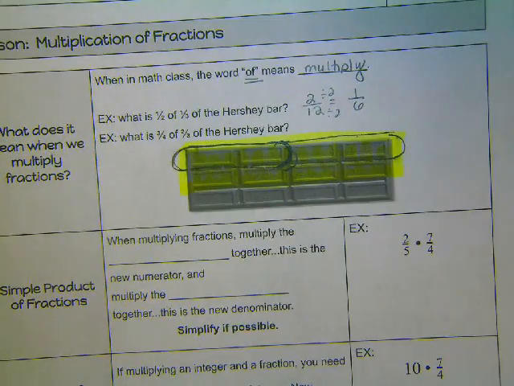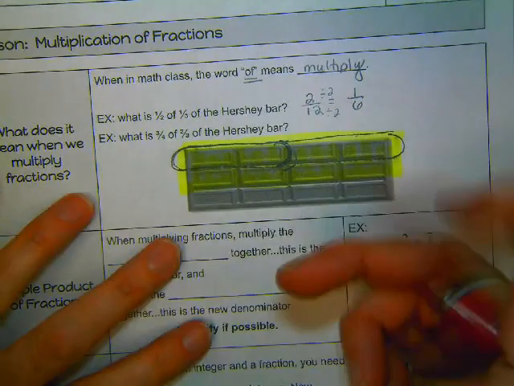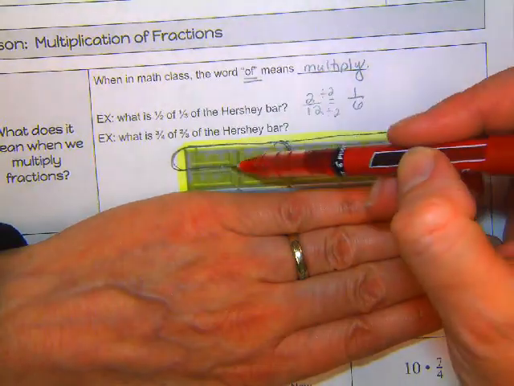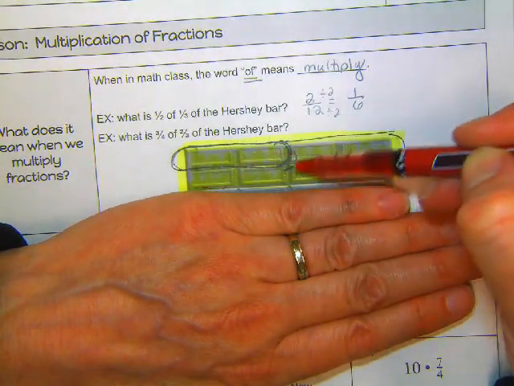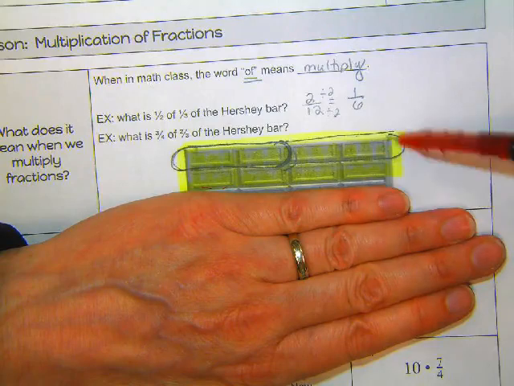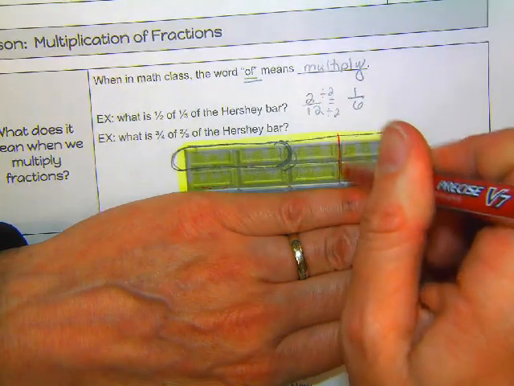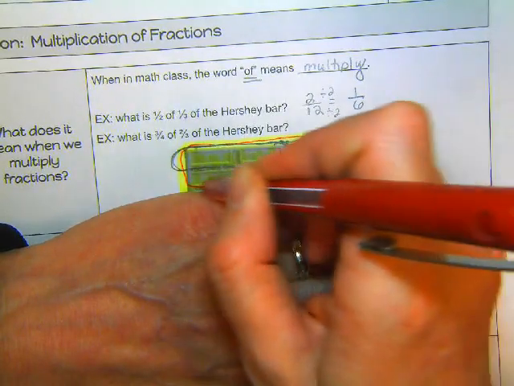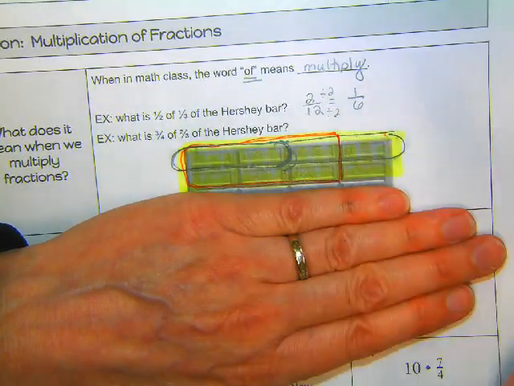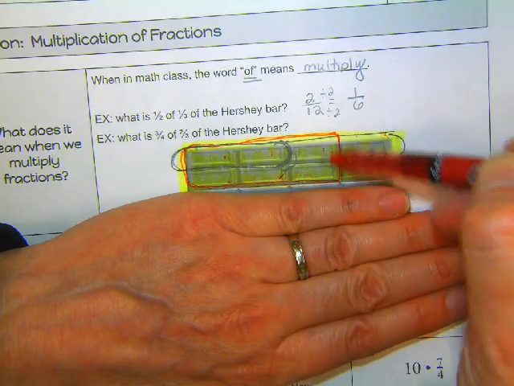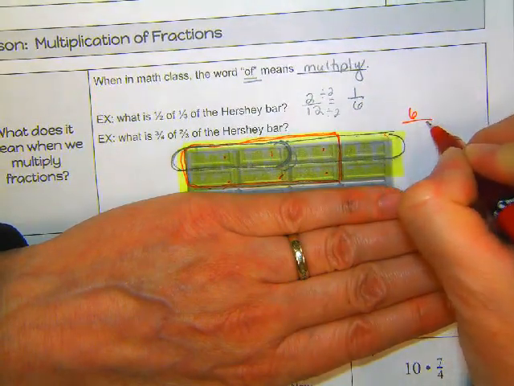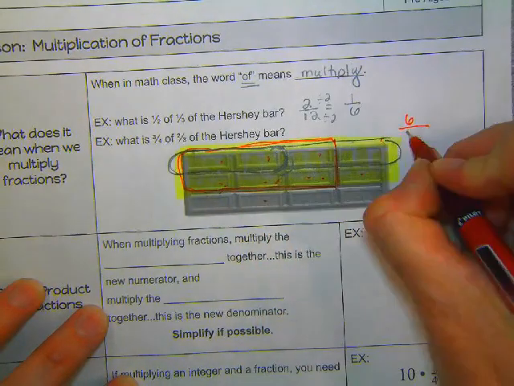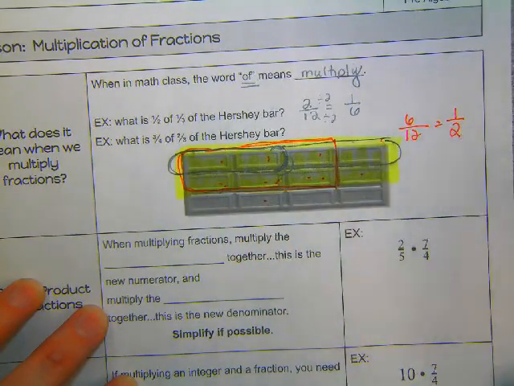And what is 3/4 of that 2/3? If we take that 2/3 and divide it into fourths, there's 1/4 here, 1/4 here, 1/4 here, and 1/4 here. And 3/4 would be that right there. That's 1, 2, 3, 4, 5, 6. 6 out of 2, 4, 6, 8, 10, 12. 6 out of 12, so that's 1/2.